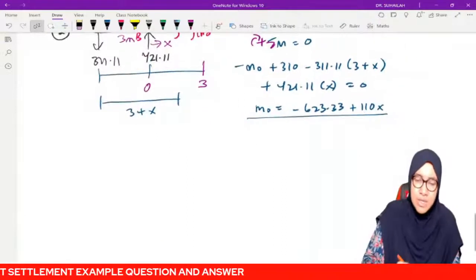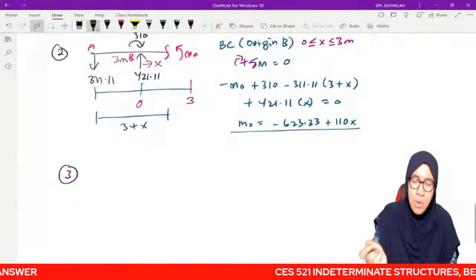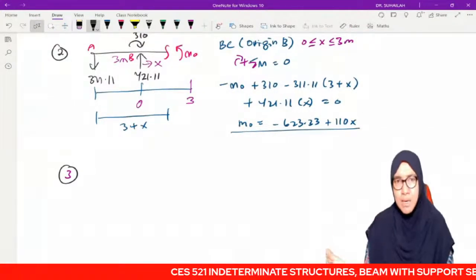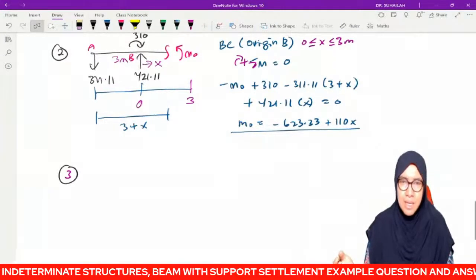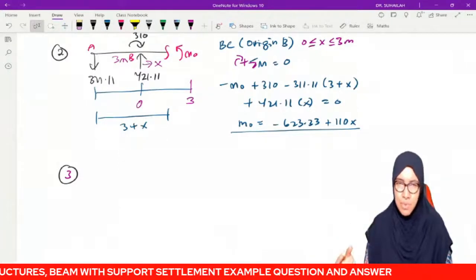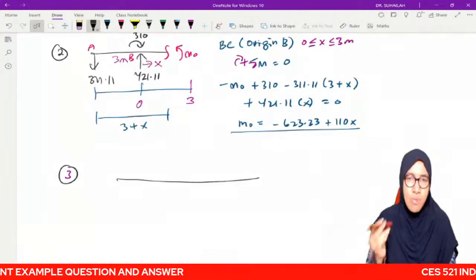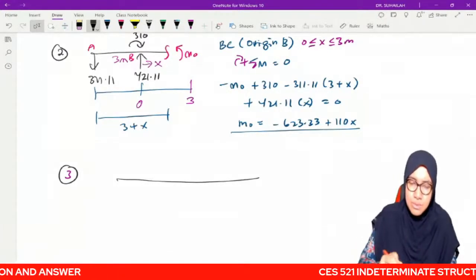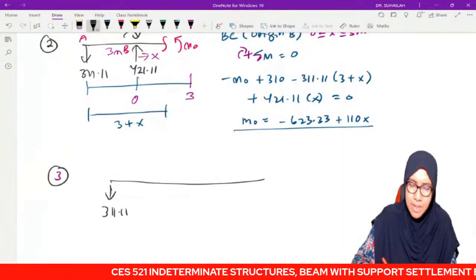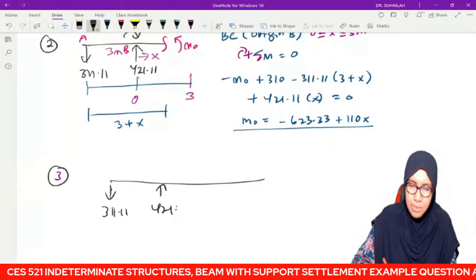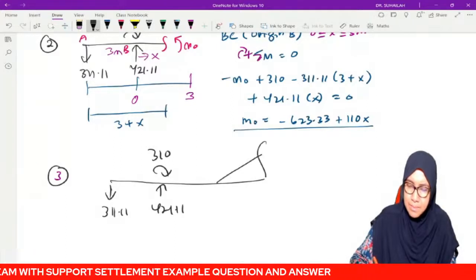And now for section number 3, we cannot take from D, because when we take D we will have a trapezium. We cannot have that. So that is why we again consider from right. From right we have 311.11, 421.11, 310, and then we get this.